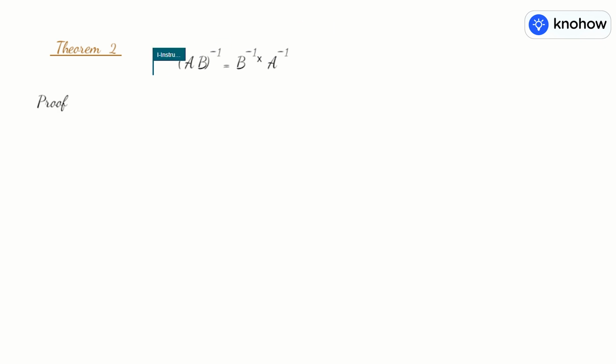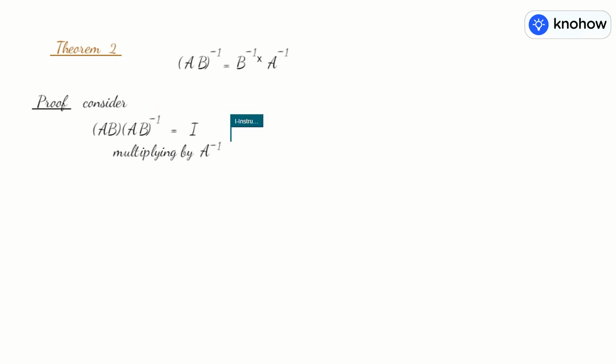So consider AB into (AB) inverse. You know, the product of a matrix with its inverse, that's why it is inverse, is the identity matrix. Now multiplying both sides by A inverse, you get A inverse into AB into (AB) inverse equals A inverse into I. Now by rearranging the brackets, you get A inverse into A into B into (AB) inverse equals A inverse into I, which is A inverse.